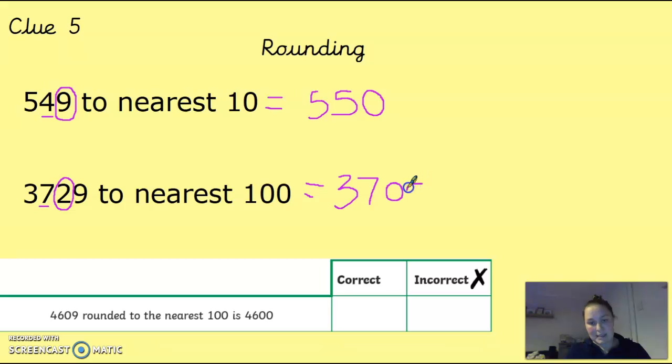Because the 7's staying the same and the rest are filled up as zeros. Okay, let's have a look at this statement. 4,609 rounded to the nearest 100 is 4,600. So hundreds number, look next door. It's less than 4, so I'm going to leave my number the same. So that is correct.